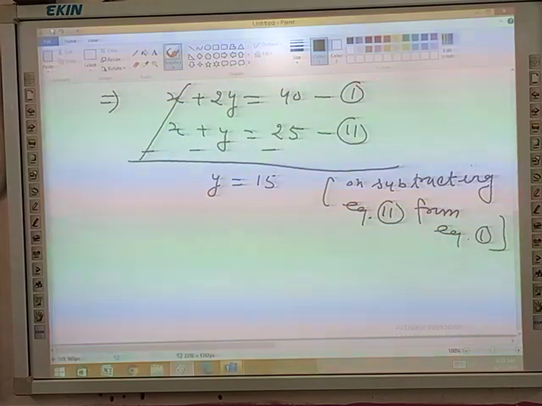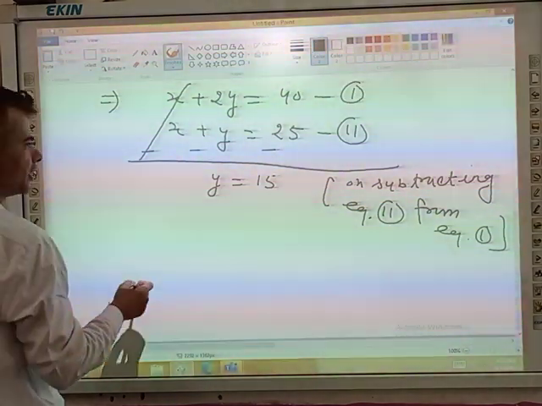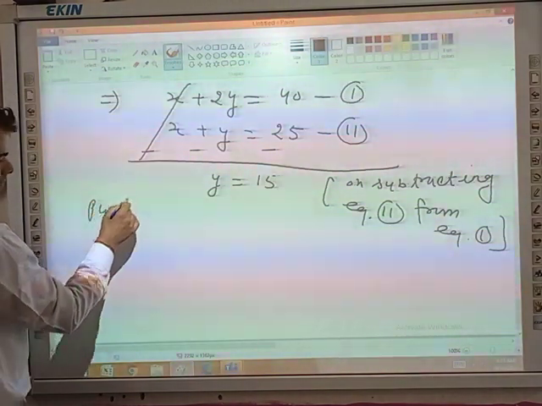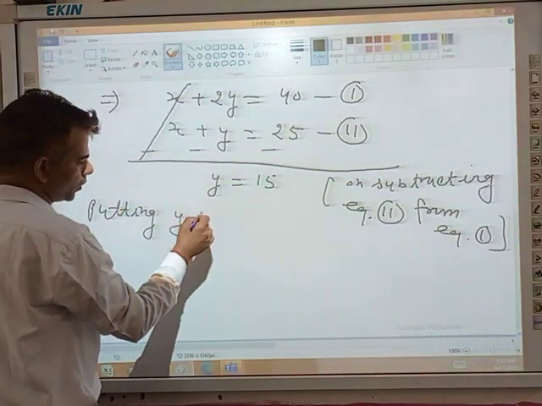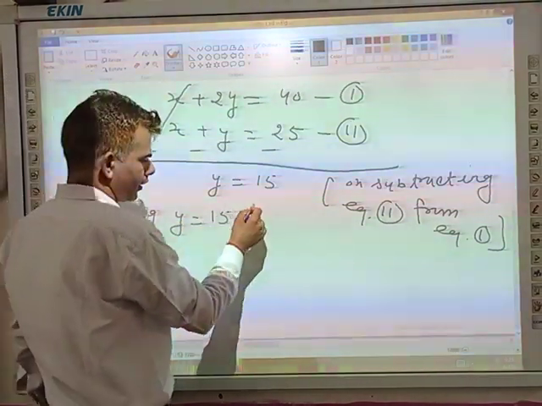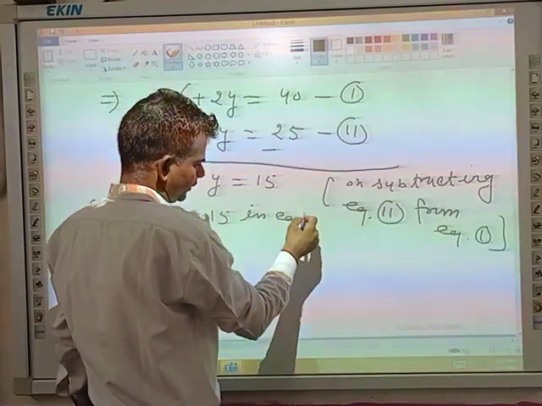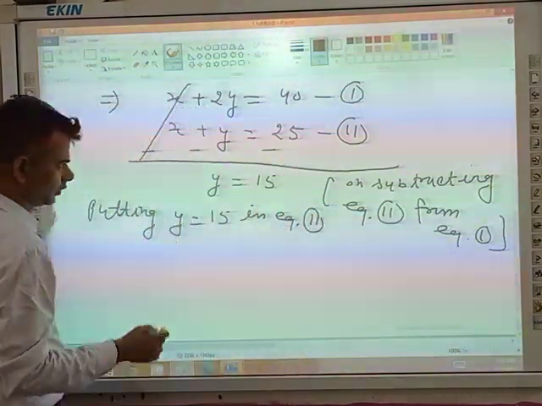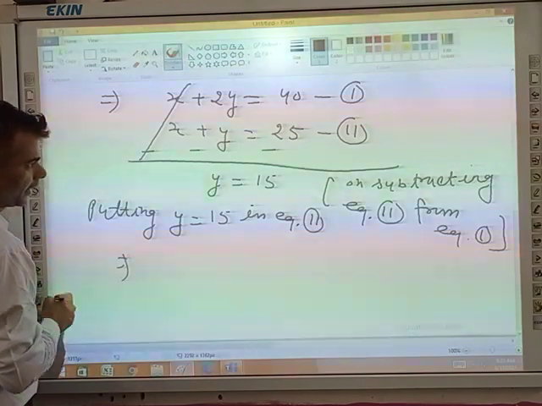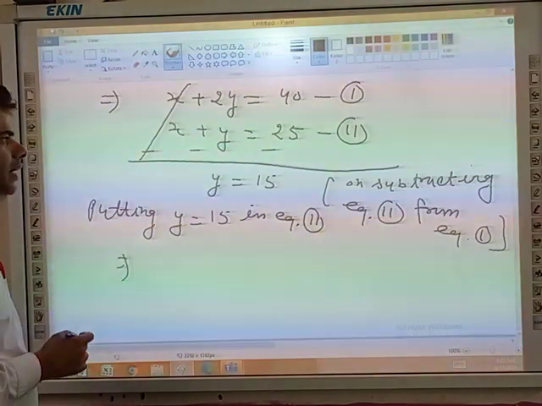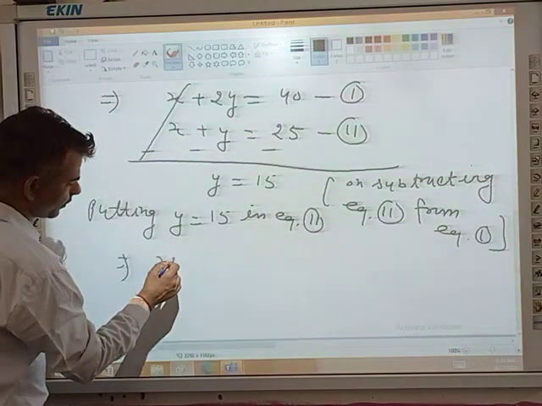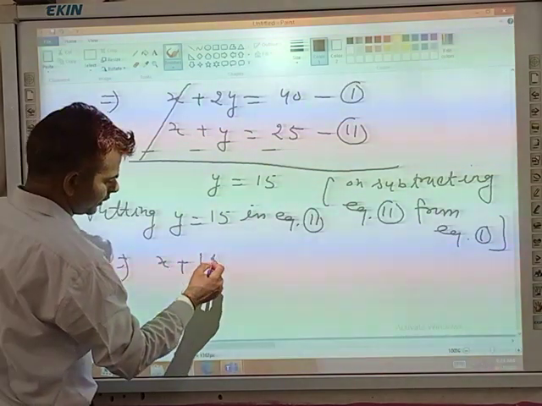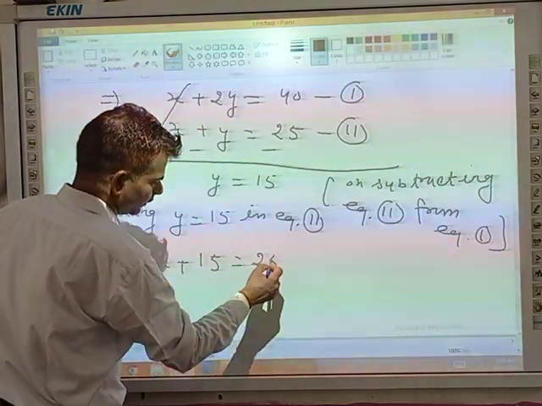Now student, putting y is equal to 15 in equation second. The second equation is x plus y is equal to 25. Now x plus 15 is 25.